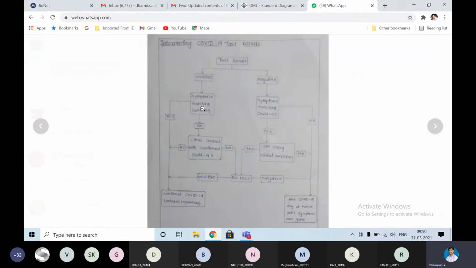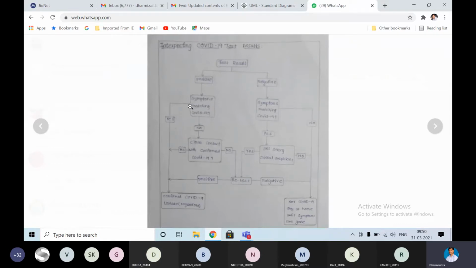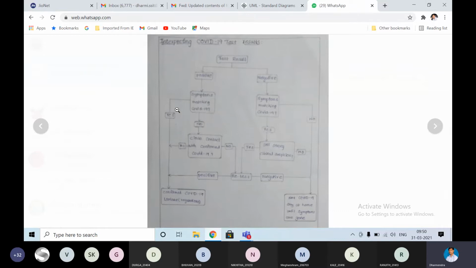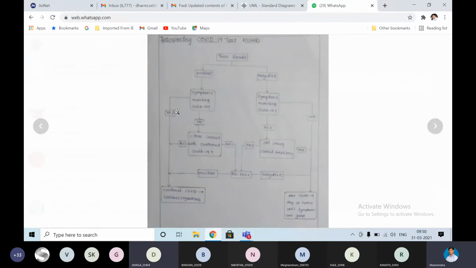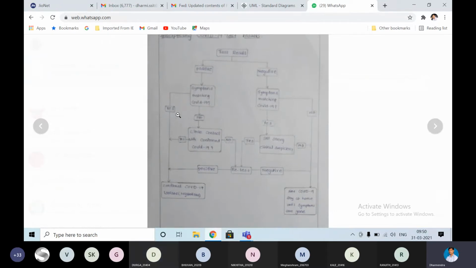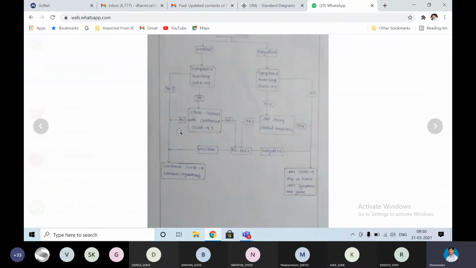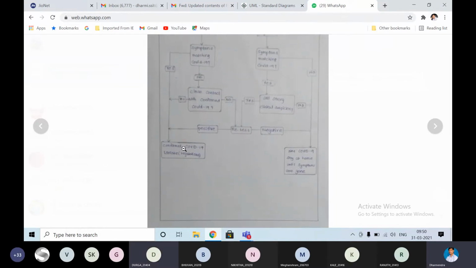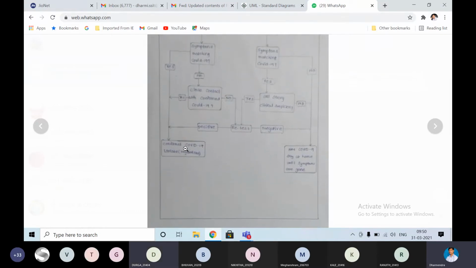Initially, you are not looking for symptoms. Yes. Based on the test result, you are going for symptoms. Okay, if symptoms are matching with COVID-19, then what are you doing here? Confirmed with COVID-19 and isolating them.